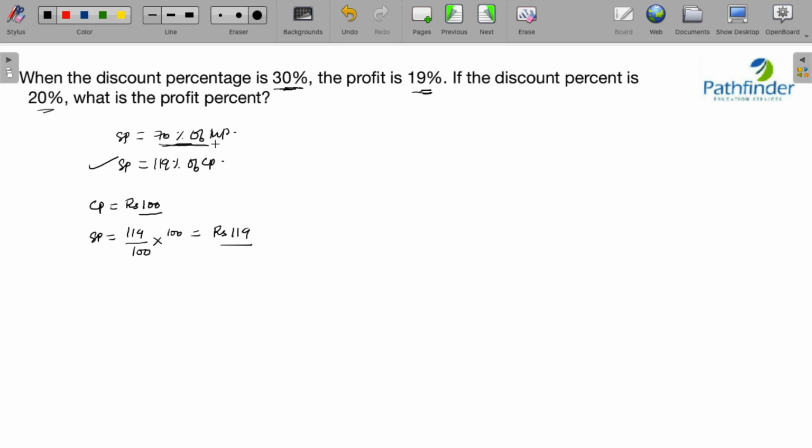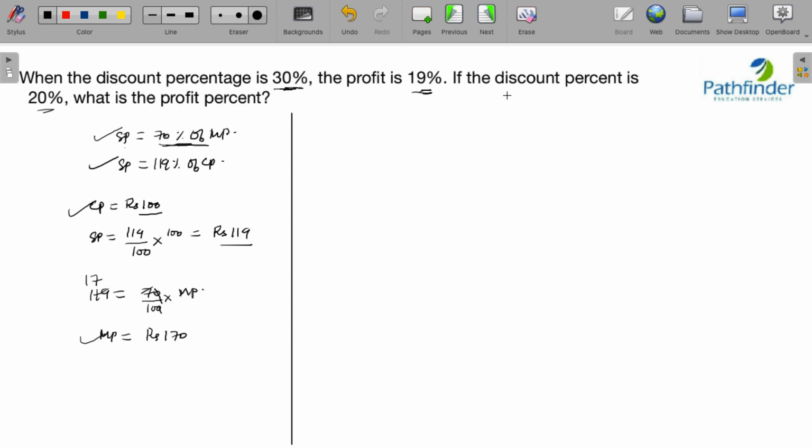So if you want to calculate the marked price, you have to utilize this equation. Selling price 119 must be 70%, so 70 by 100 into the marked price. So if you solve, this goes 17 times, you will get the marked price as 170 rupees. So if cost price is 100, your marked price is 170.